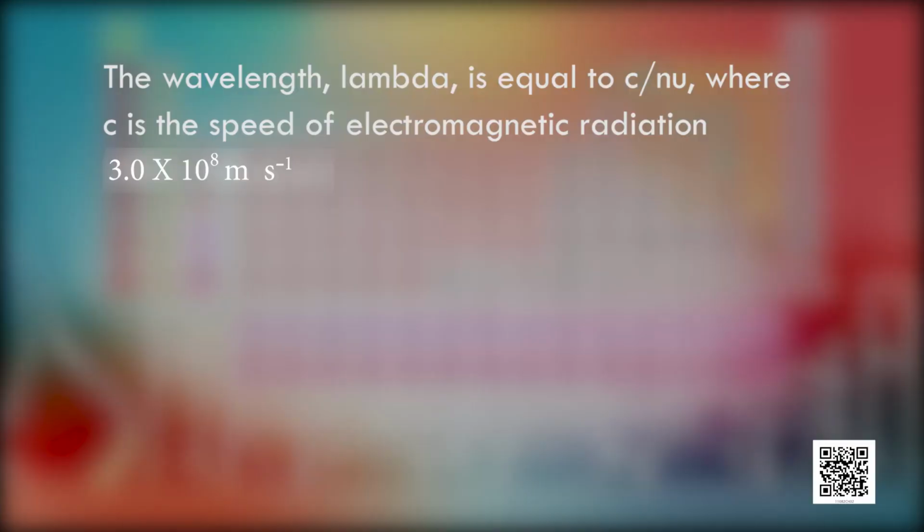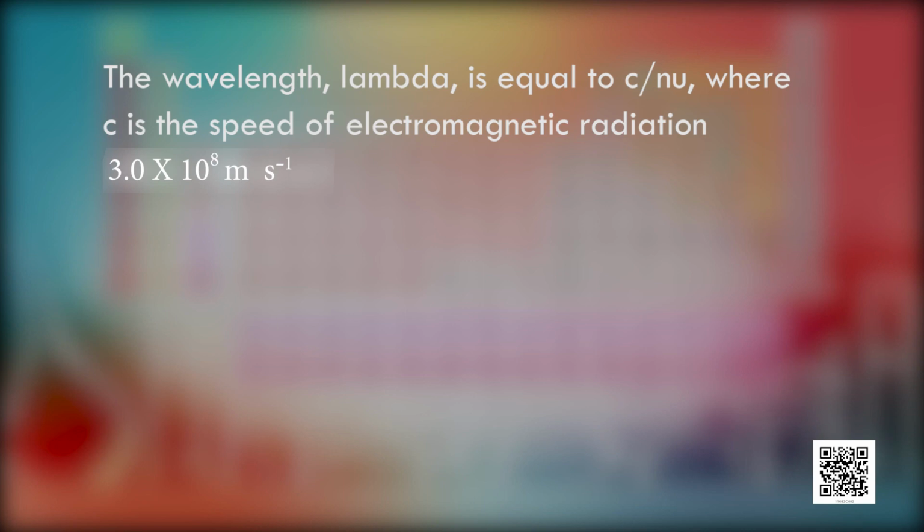And before we solve this problem, my dear students, we have to collate all the data that is available to us. What are they asking us to calculate? Wavelength, that is lambda. Okay. And what have they given us? They have given us nu, that is the frequency. Now, we know the formula that lambda is equal to c by nu, where c is the speed of the electromagnetic radiation.